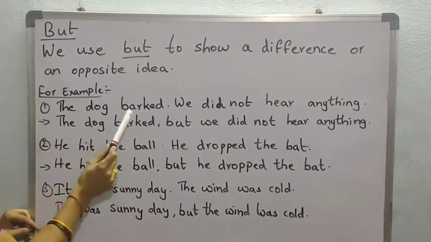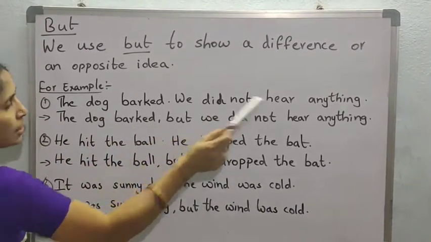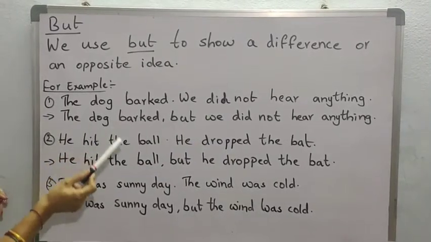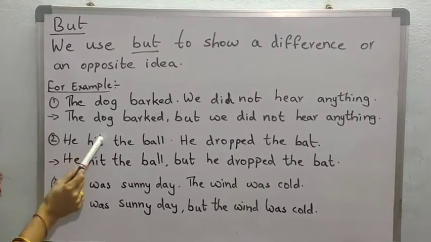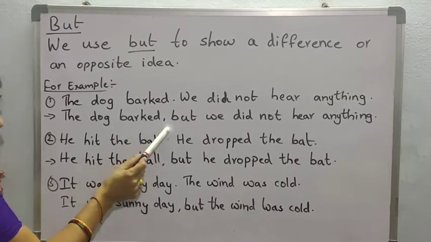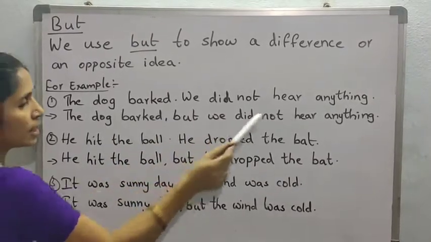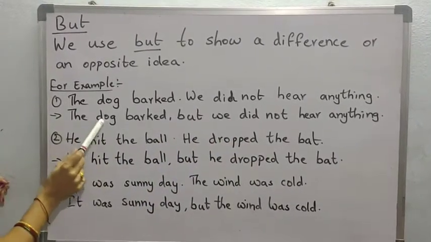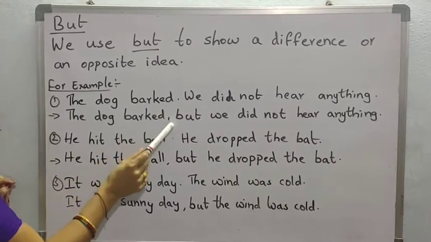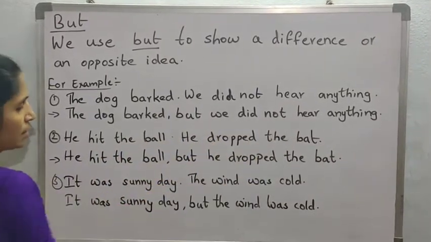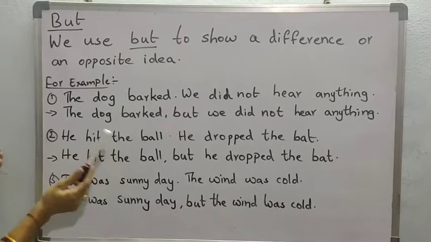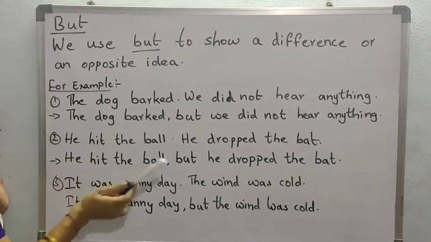So how do we use but there? The dog barked, comma, but we did not hear anything. So like this, see, we are showing the difference or the opposite idea.